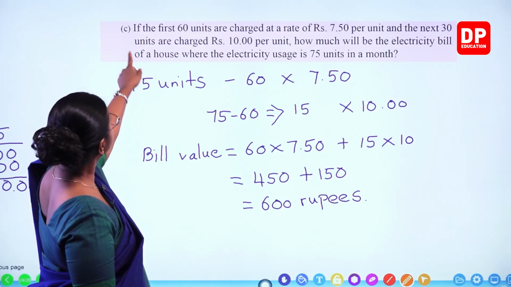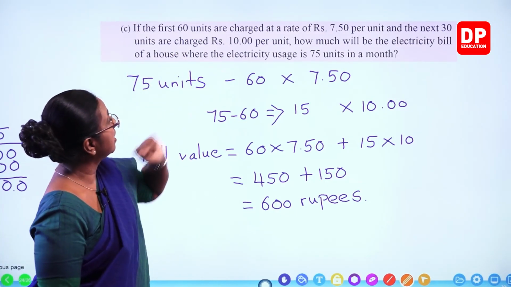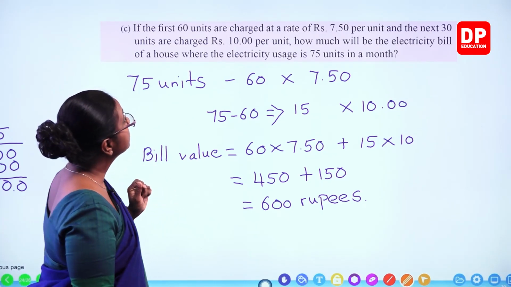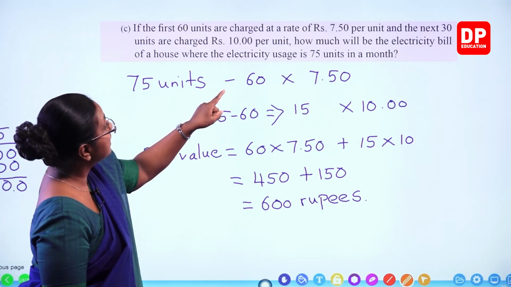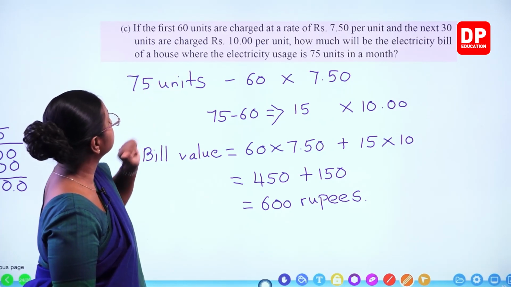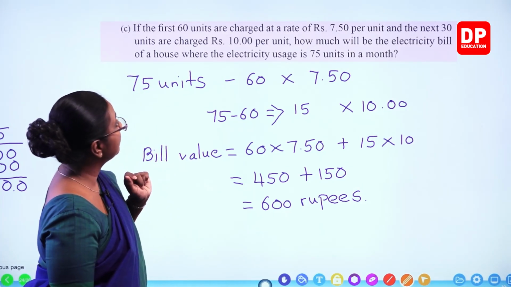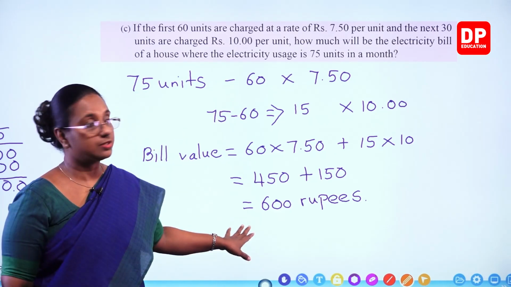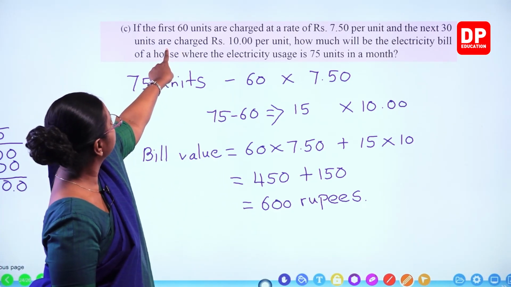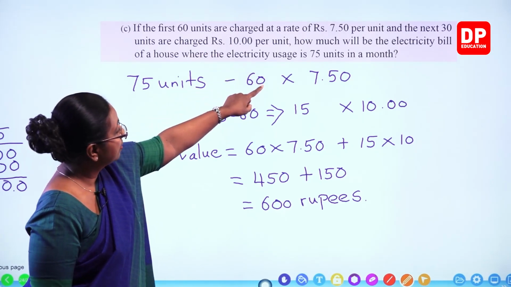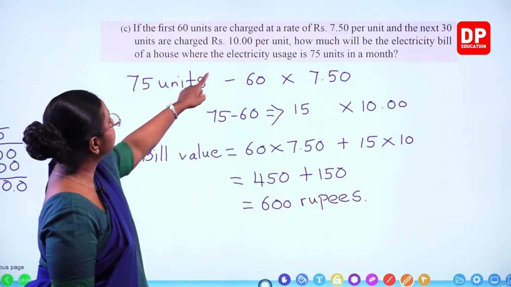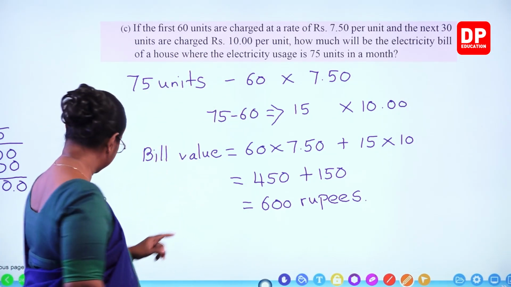So here you can see the first 60 units are charged at a rate of rupees 7.50, and the next 30 units are charged rupees 10 per unit. What you need to know is first 60 units rupees 7.50 and the next 30 units rupees 10.